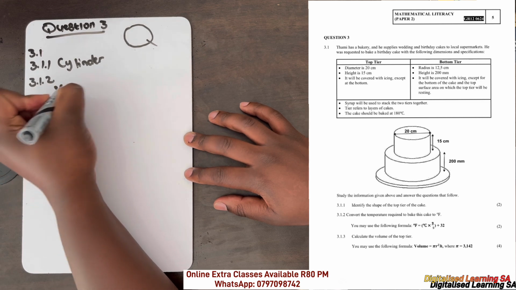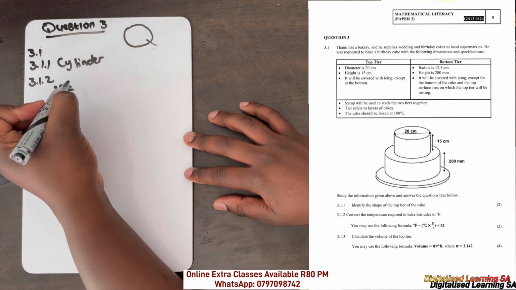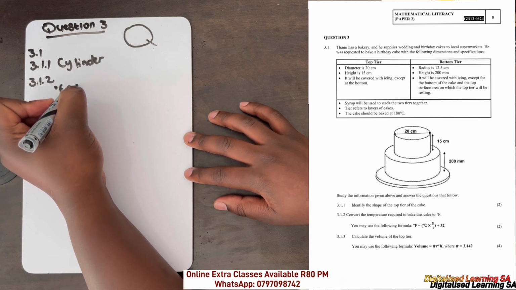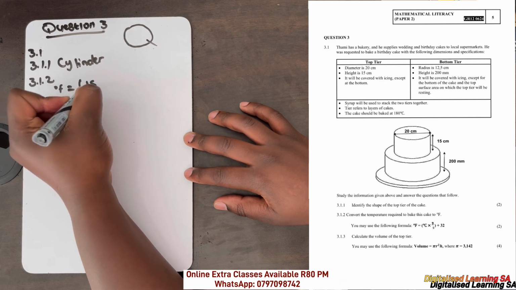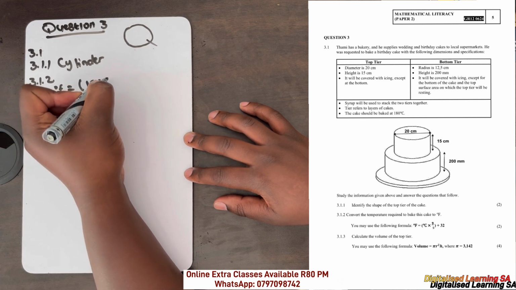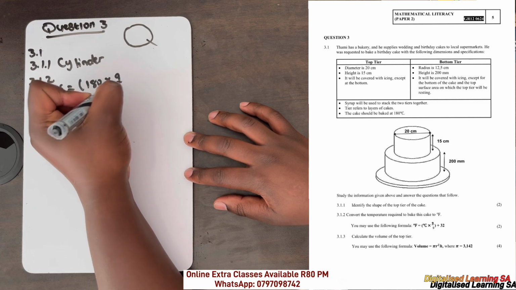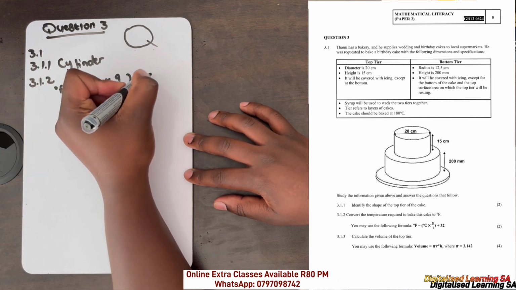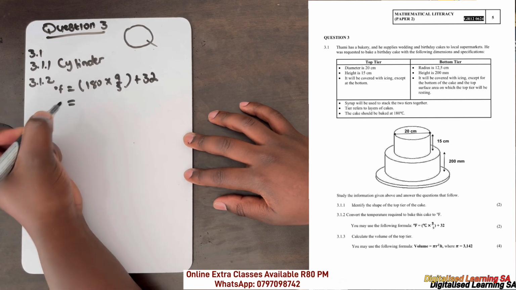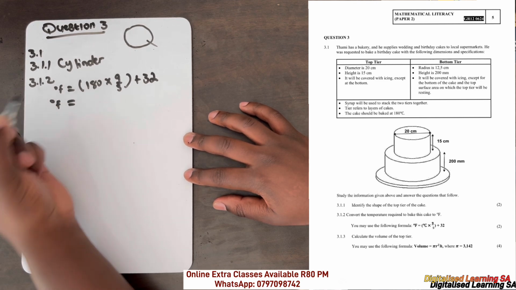F equals degrees Celsius, which is 180, multiplied by 9/5, plus 32.